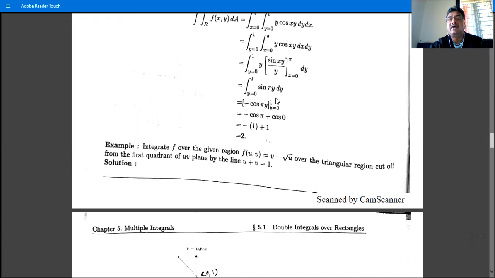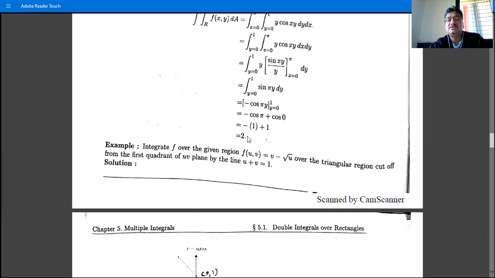Then integration of sin pi y is minus cos pi y divided by pi. Write divided by pi, and then value at the upper limit minus value at the lower limit, and then we have the answer.